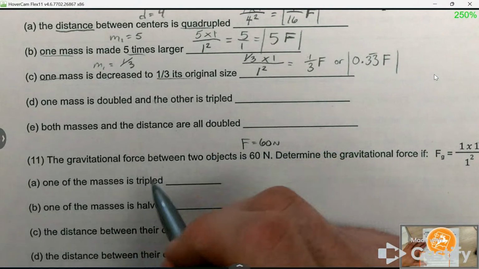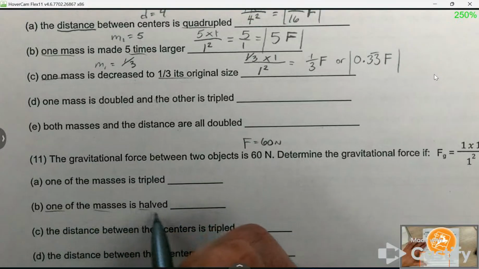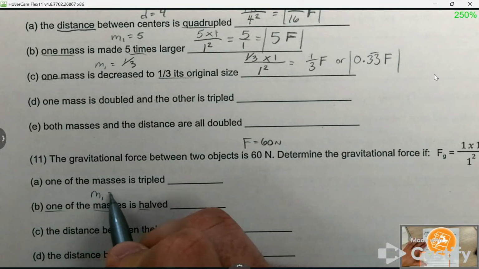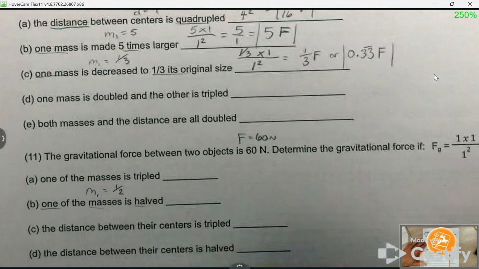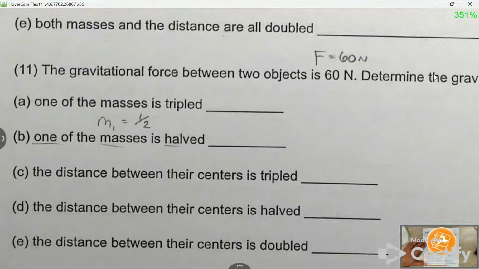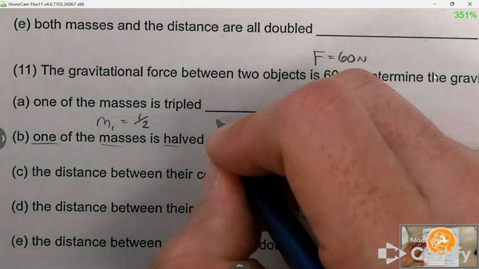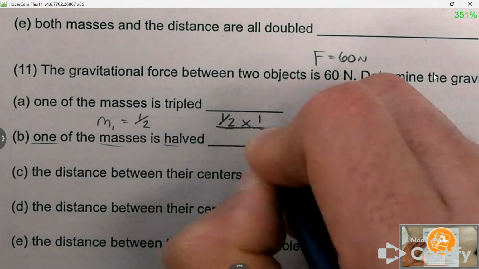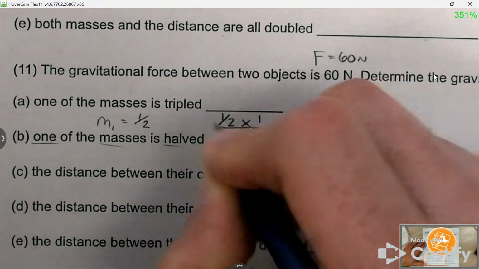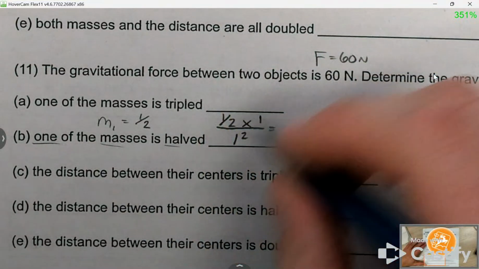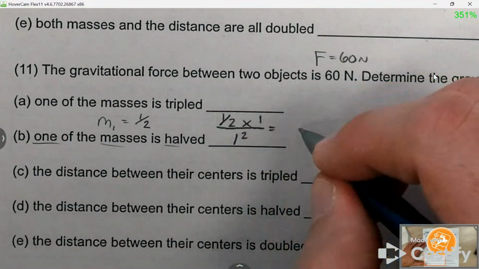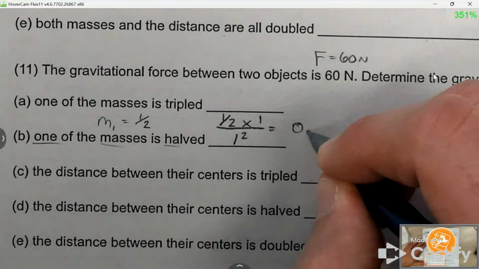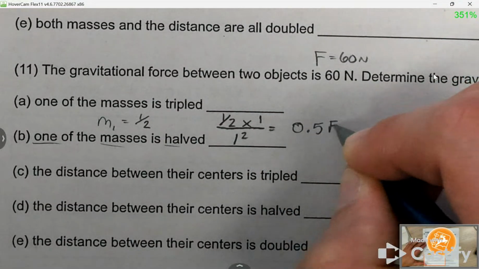So let's take a look at B. One of the masses is halved. Nothing else happens. So 1/2 times 1 over 1 squared. Now this will come out to be, if you did type it into your calculator, 0.5 times the force.